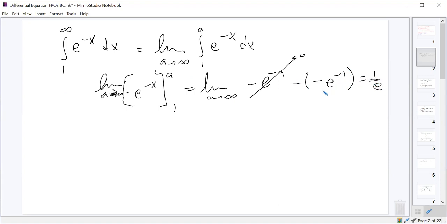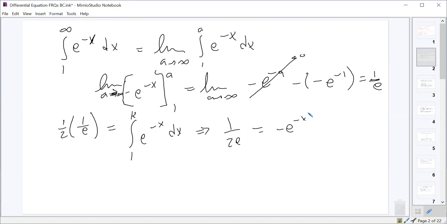And so we want half of that region. So we want half of 1 over e to equal the integral from 1 to that vertical line, k, of e to the negative x dx. And so that tells us that 1 over 2e should be equal to negative e to the negative x, evaluated from 1 to k.